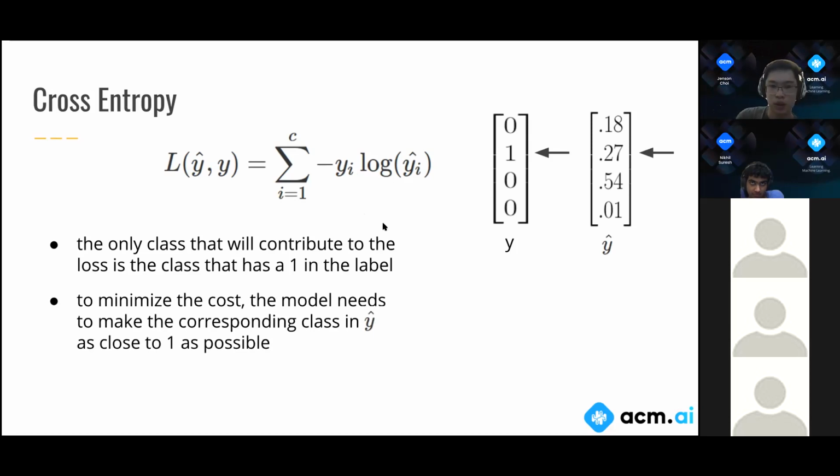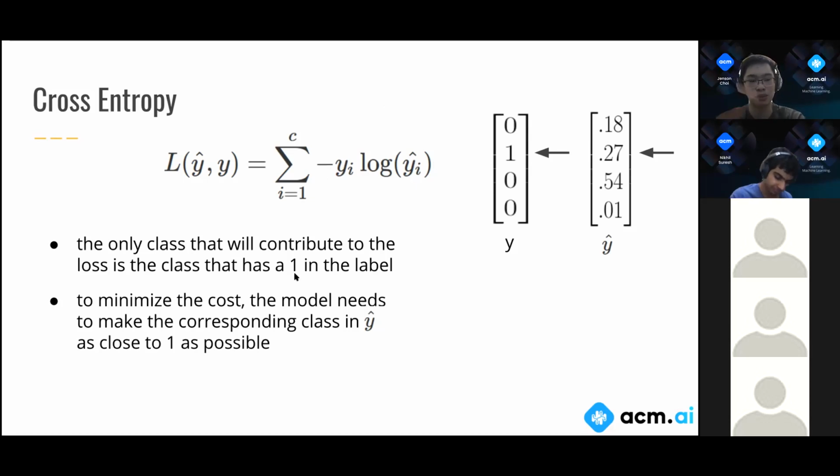So in order to minimize the cost, our model needs to make the y hat for that class as close to 1 as possible, because recall log of 1 is 0. So the negative log of something would be close to 0 if that something is close to 1.